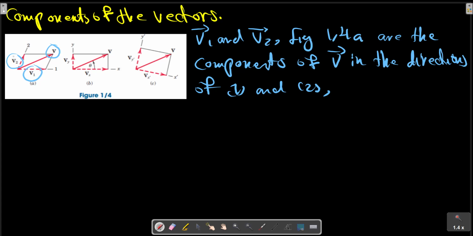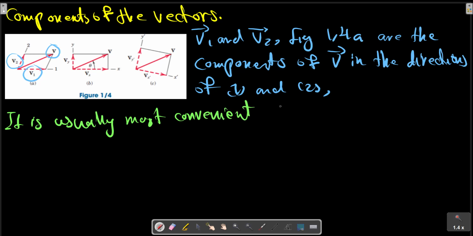It is usually most convenient to deal with vector components which are mutually perpendicular.